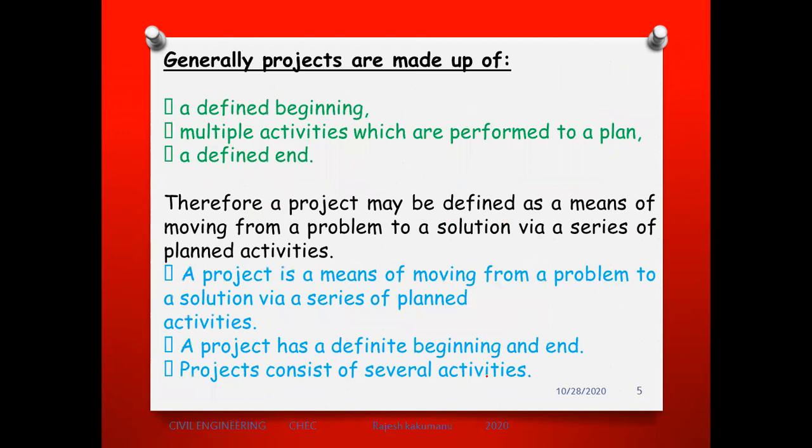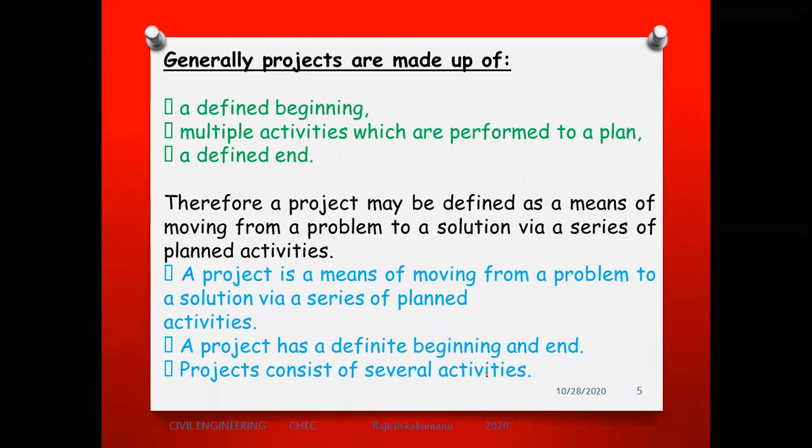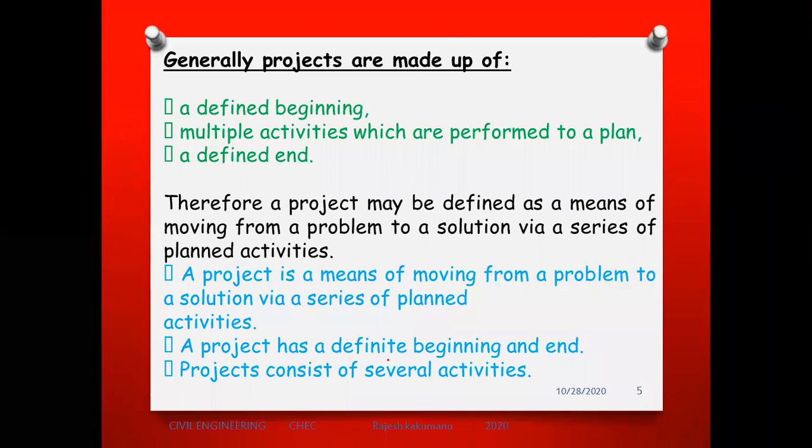So you got some minimum picture about the meaning of a project and the ways of doing a project. Now we'll see what a project is generally made up of. It should have a proper definition, a proper starting and a proper ending. First, a properly defined beginning.